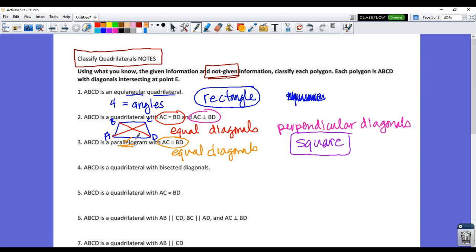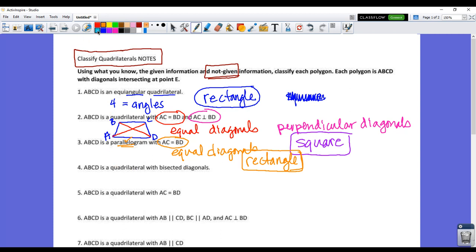So the parallelogram with equal diagonals is also going to be a rectangle. It might be a square, but we don't know enough information to say it's for sure a square. All we know is that it has equal diagonals, and all rectangles have equal diagonals.